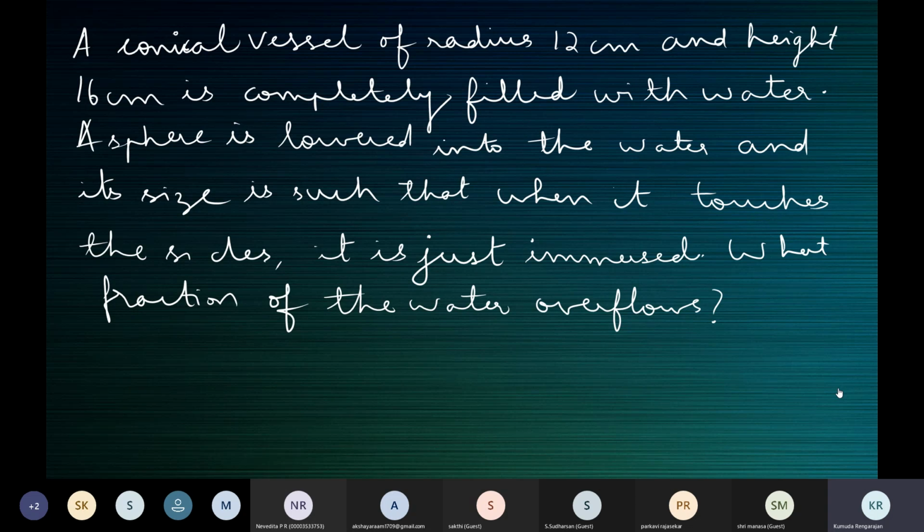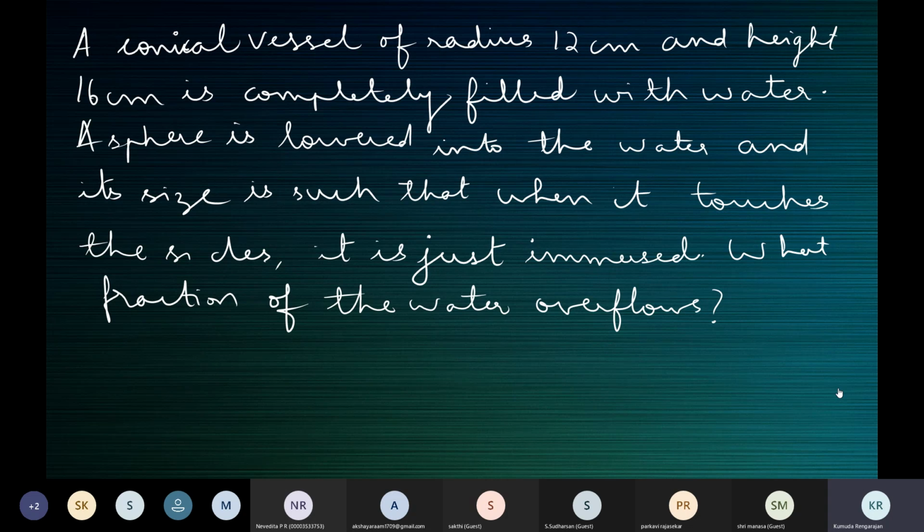So a conical vessel. Imagine a conical vessel of radius 12 centimeters and height 16 centimeters is completely filled with water. So it's filled with water to the brim. What will happen if you drop a sphere? The water will splash out.